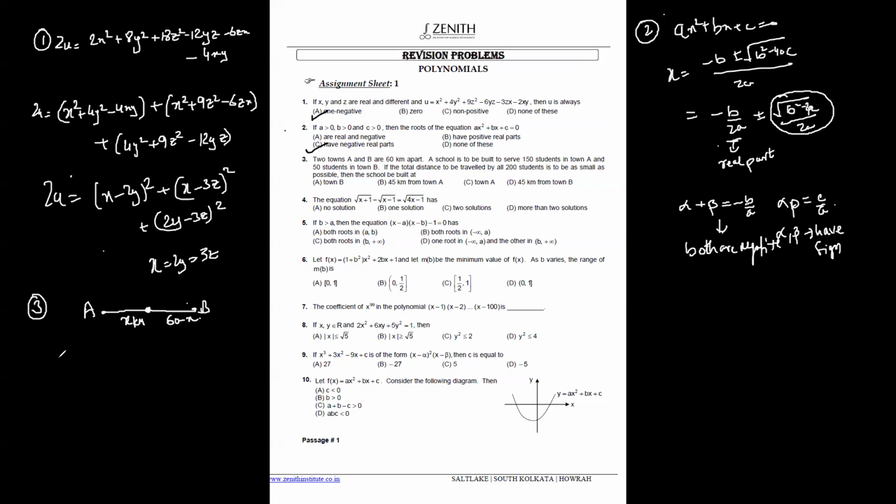So now the total distance traveled by all 200 students would be 150 students traveling the distance of X units and 50 students traveling a distance of 60 minus X units. So we just have to minimize this. So just differentiate. That'll give us the derivative.